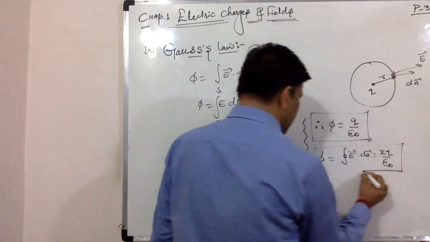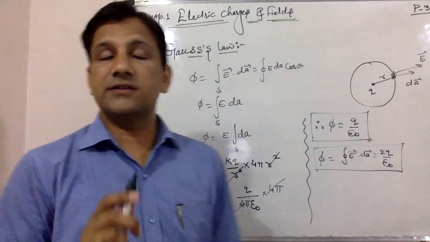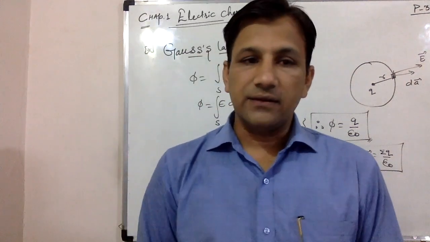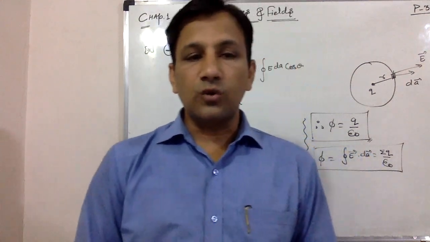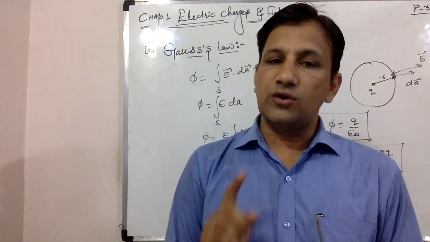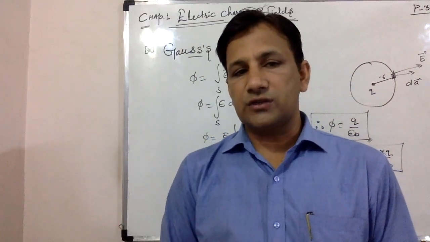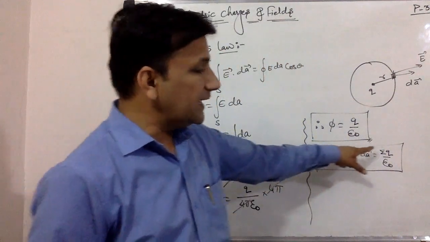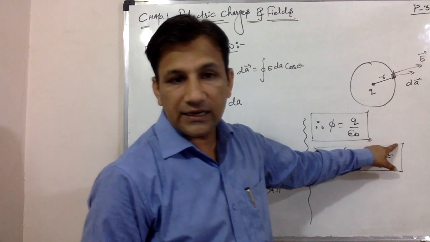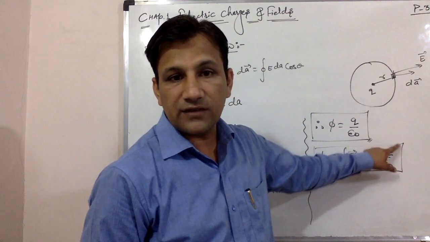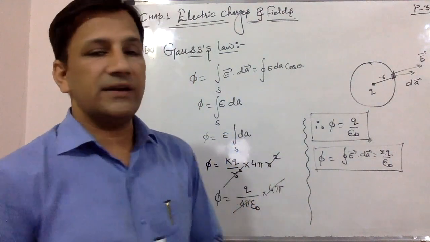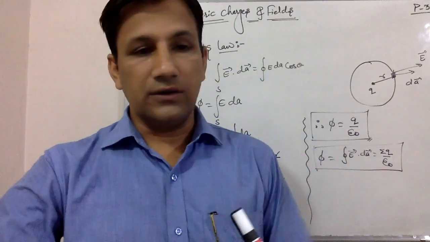This formula represents Gaussian law. Means again, the Gauss law statement: the total electric flux associated with any closed surface is equal to the ratio of net electric charges enclosed by the surface to epsilon 0. This statement is known as Gauss law.